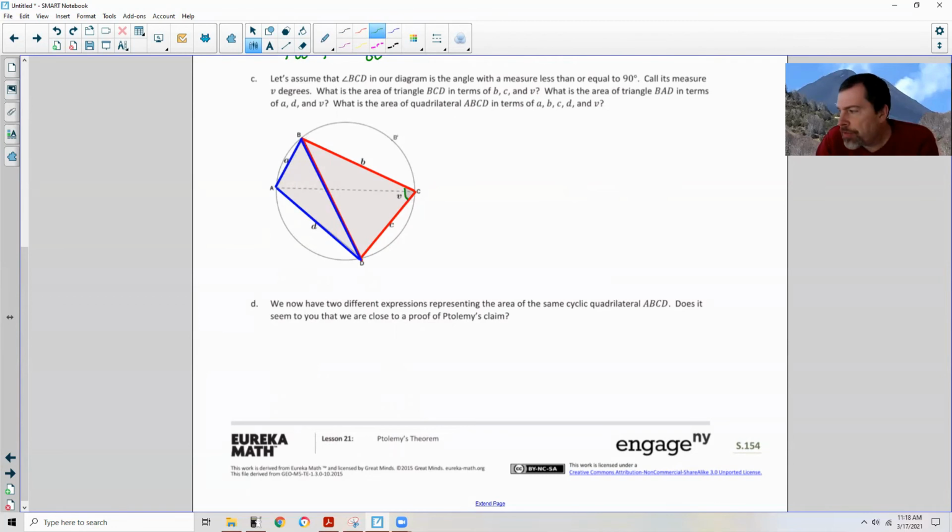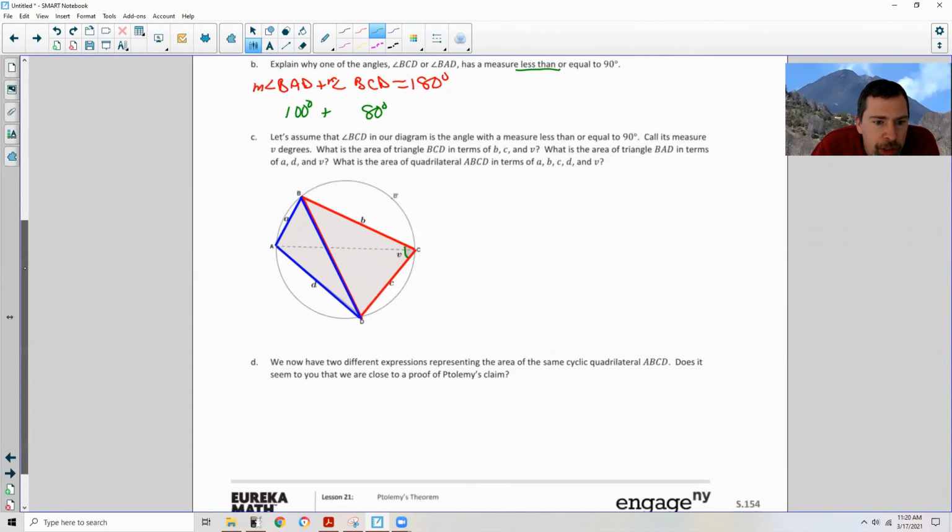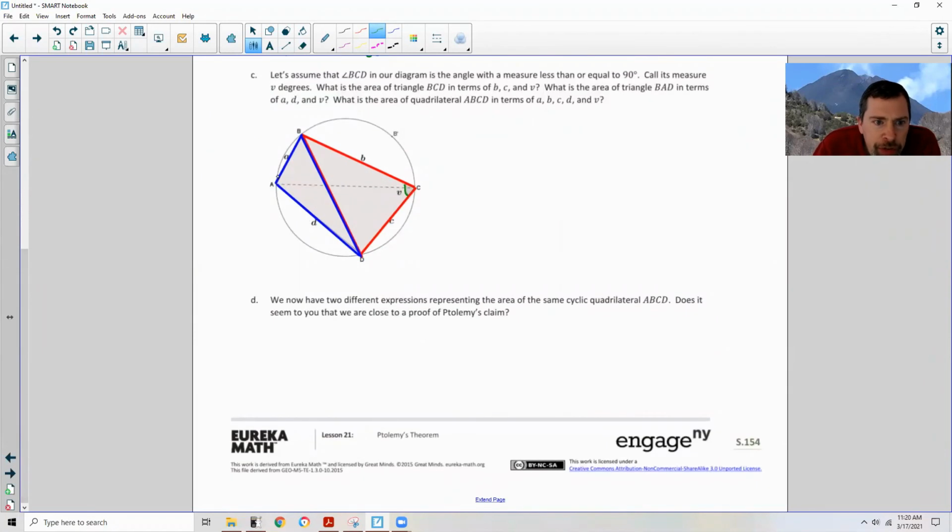Okay, so there's a lot going on here. With the opposite angles being supplementary, the measure of angle BAD in terms of V would be 180 degrees minus V. That would be this angle here.